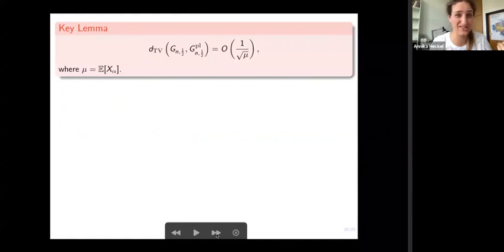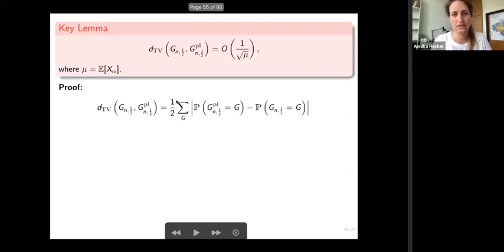Now, as I said here, these models are so simple that you can actually work out the total variation distance exactly. Because everything is discrete, you can write it down like this. It's 1/2 times the sum over all possible values these random variables can take. By random variable, I just mean the random graph.